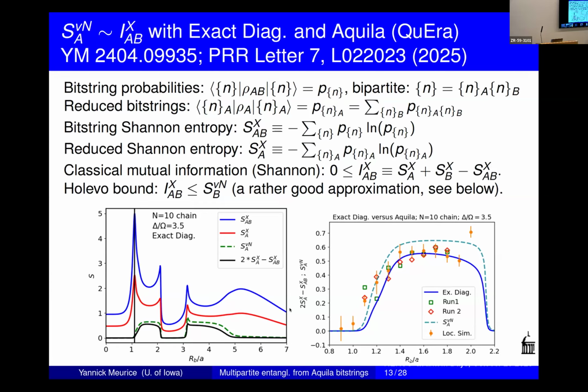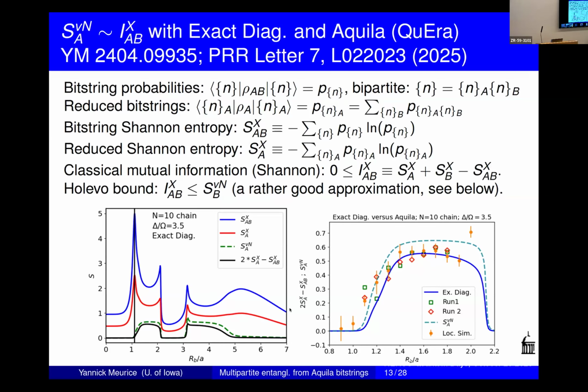I realized that if you look at the Shannon entropy of the full system or the Shannon entropy of the reduced R system, they are in about ratio 2. So by taking twice this minus that, you get the black, which is just right under the quantum entanglement entropy. I found this empirically, and then I realized that somebody had proven this.